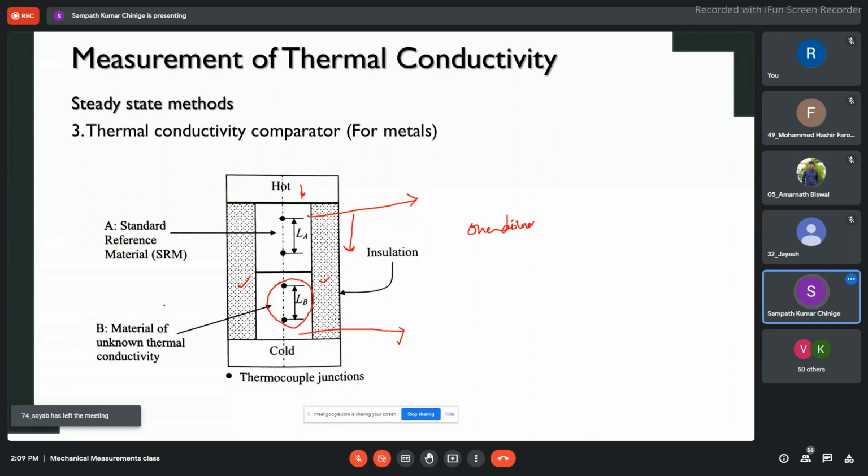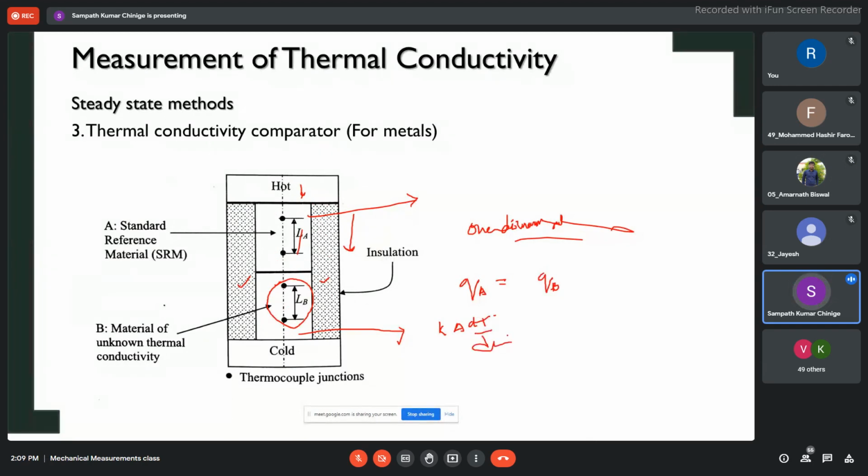Now, after attaining steady state, QA becomes equivalent to QB. Here this is a known material, so K I know, area I know, and the temperature difference along this thickness, dT by dL, I can find out.